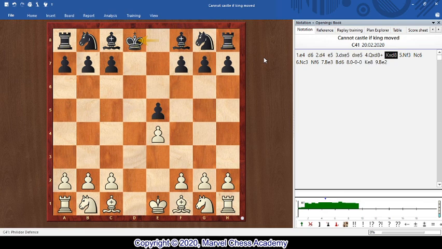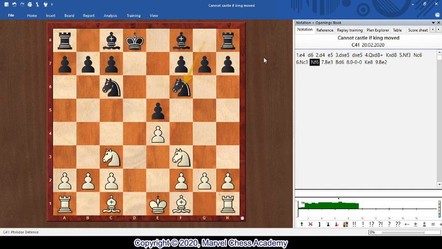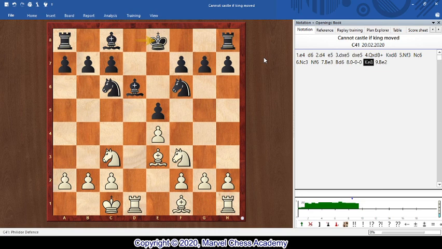So the black king moved from its initial position to the d8 square. Even if black comes back to its original position, let's say now the black king came back to the original position e8, still it cannot castle because in this game the black king has already moved and it loses the right of castling.